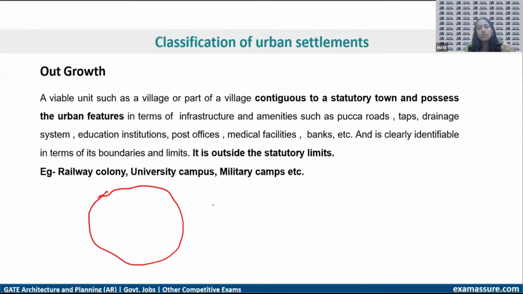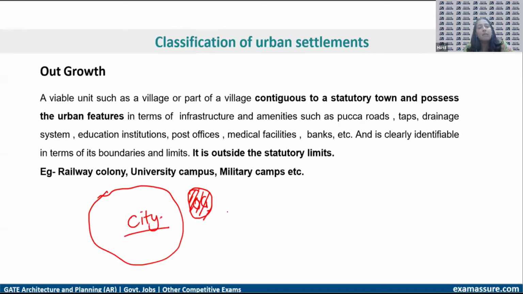It has its own jurisdiction, etc. And outside its statutory limits, there is a small unit or a small development that takes place, which has all the urban features. Let's say pakka roads, well-drained layout, proper drainage, sanitation facilities, everything that is there, but it is outside the statutory limits. So this outgrowth or this settlement can be called an outgrowth of this city or town.